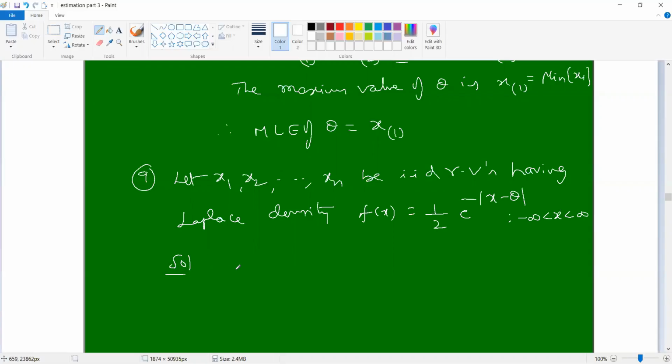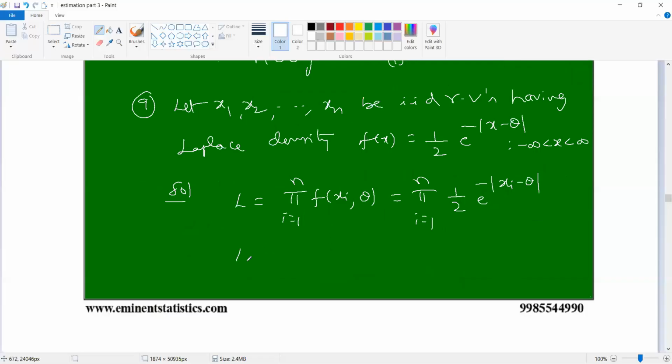Here, in this case, the likelihood function is the product, i is equal to 1 to n, of f of xi comma theta, which is the product of 1 by 2 e power minus modulus xi minus theta.